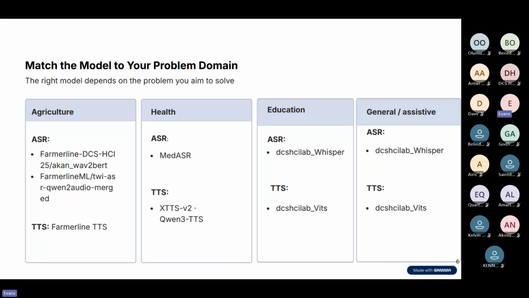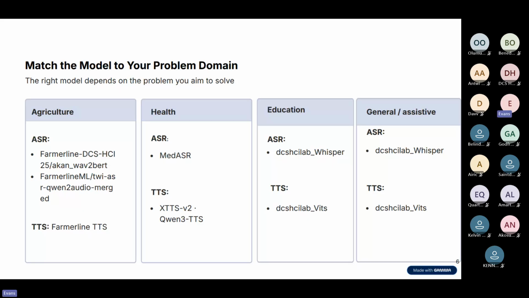And then in education, if you want to build something in education, the lab has an ASR model built on Whisper, and also we have one built on Wave2Vec. You can try those, right? TTS too, the lab also has models on TTS built on VITs. You can try that too.